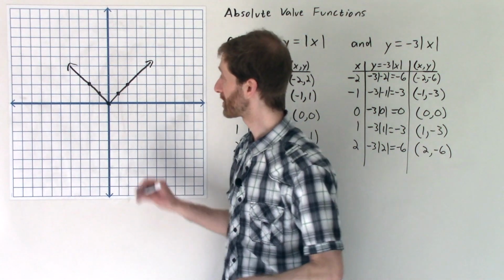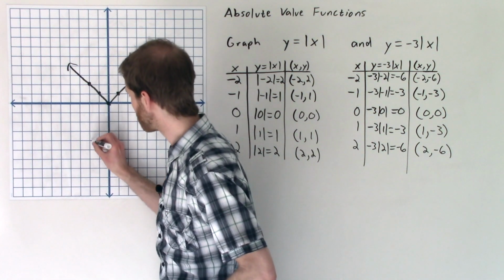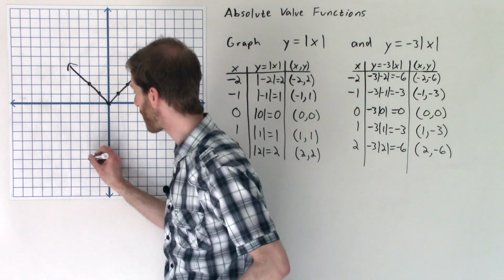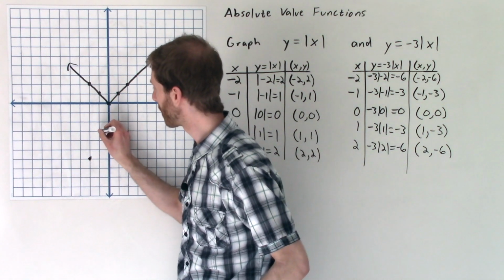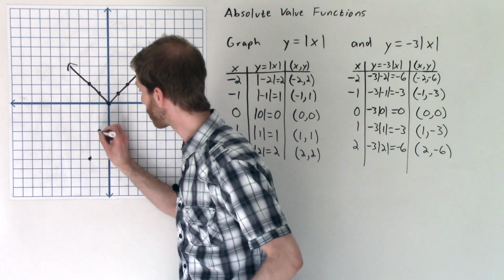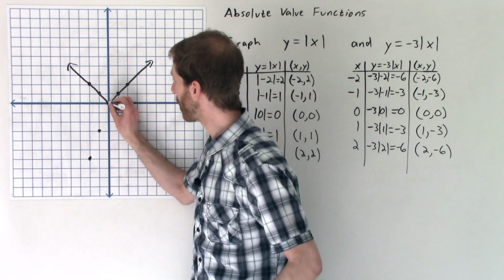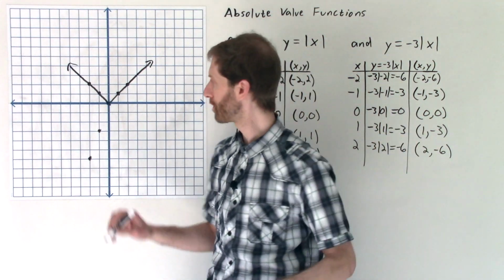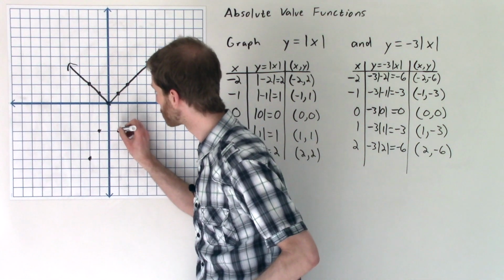-2, -6: -2, down 6. That's down 1, 2, 3, 4, 5, 6. Then we've got -1, -3 here. Then we've got 0, 0. It's a little steeper. Then we've got the point 1, -3, over 1, down 3.